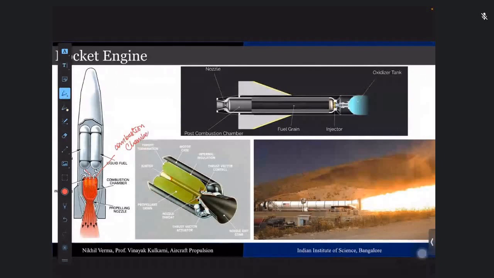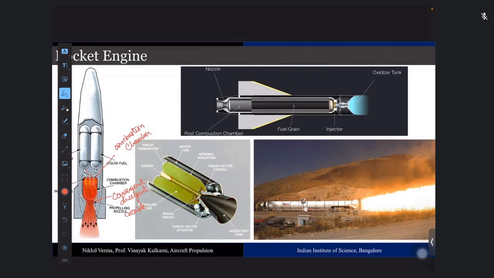These gases react and then they expand through a special type of nozzle, known as a convergent divergent nozzle. We will be studying all these things in the later part of the course.